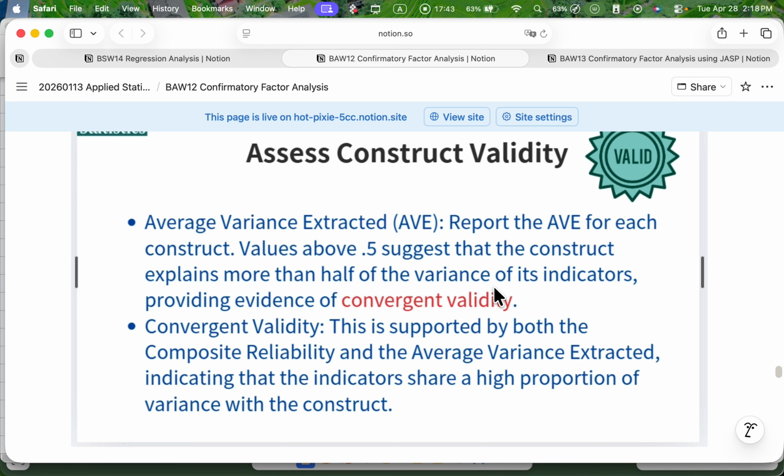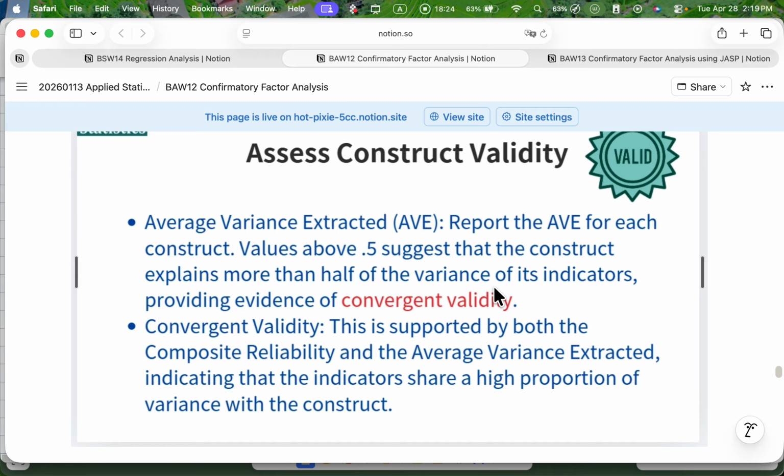Let's say this one is 0.58. An AVE above 0.5 suggests the construct explains more than half of the variance of the indicators.